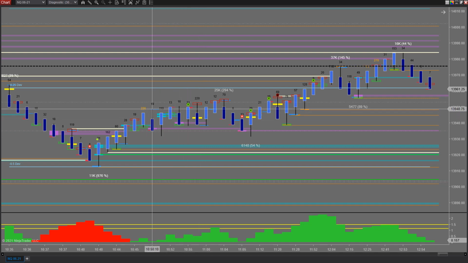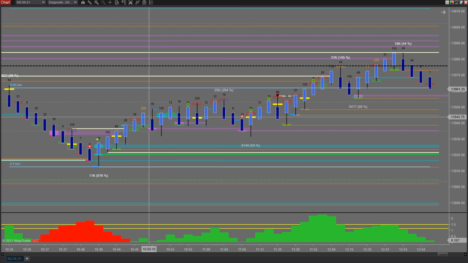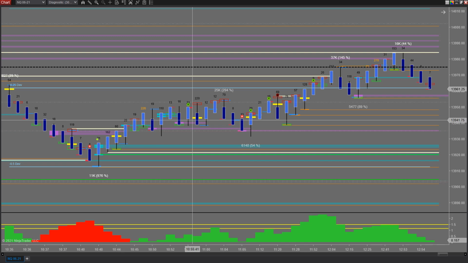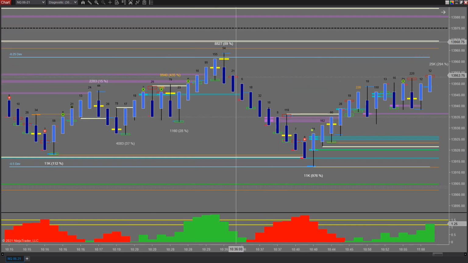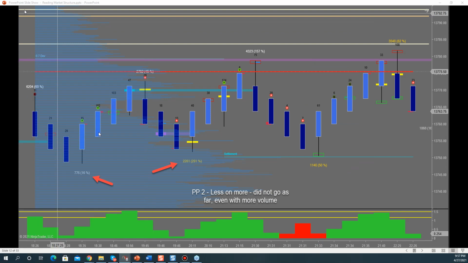So the first answer is not coil chop and not 1 or 2 bar coil chop, but truly a range. All right, where you've got clear valleys and peaks, where it's a clear range, not chop.